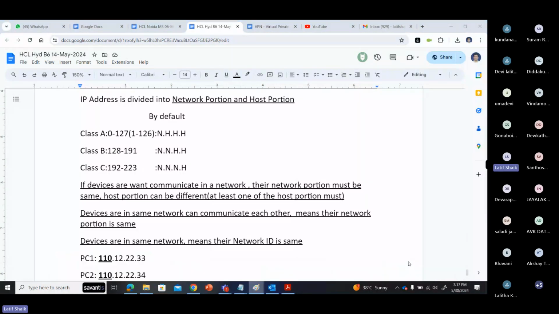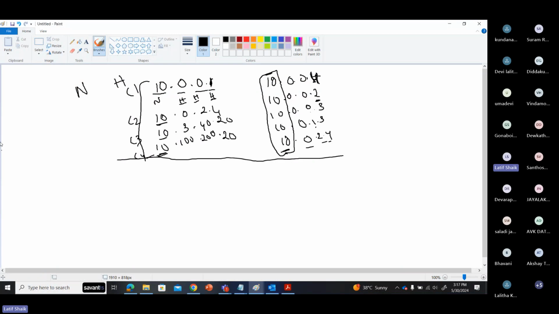I gave an example of class A, and I will give an example for class B also. For example, I have 172.16.0.2. This is my IP address. And one PC I configure like this, another PC I'm configuring like this, 0.3. One portion or more portions can differ.